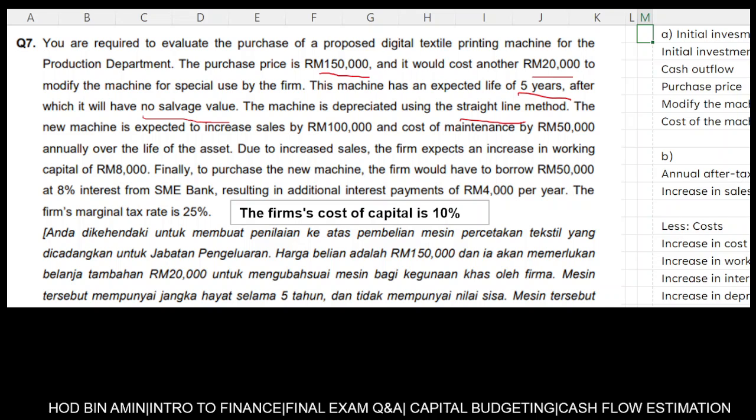If we use the new machine, then after we purchase it and use the machine, our sales will increase by 10%, and cost of maintenance by 50,000. Cost of maintenance because we are using the new machine.